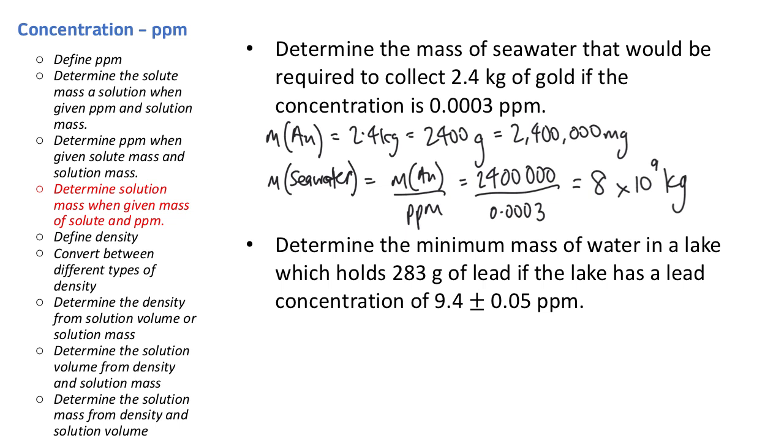Determine the minimum mass of water in a lake which holds 283 grams of lead if the lake has a lead concentration of 9.4 plus or minus 0.05 parts per million. So again, we're going to convert things into the right unit. So the mass of lead, we know it's 283 grams, which in milligrams is 283,000. That's the lead inside the lake.